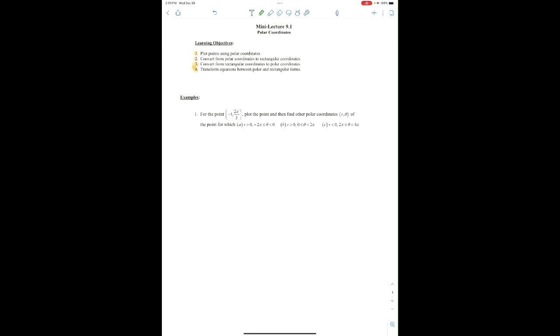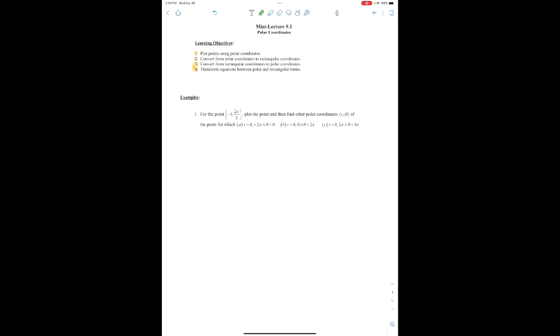So for our first example, we'll go through the point -3, 2 pi over 3, and we want to plot this point and find other polar coordinates in the form (r, theta) for the point to meet these conditions.